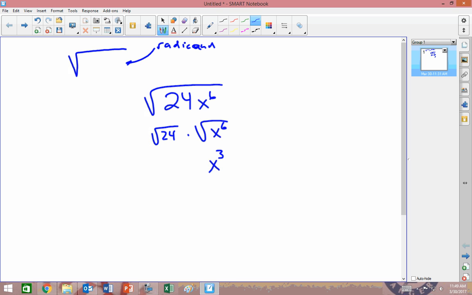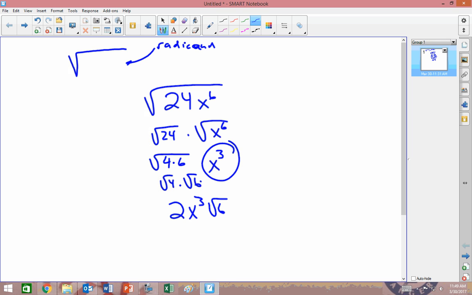Any of those have a square in it? Yeah. Which one? Square root of 4 times 6. So we have the square root of 4 times the square root of 6. What's the square root of 4? 2, and then x to the third came outside the house, right?